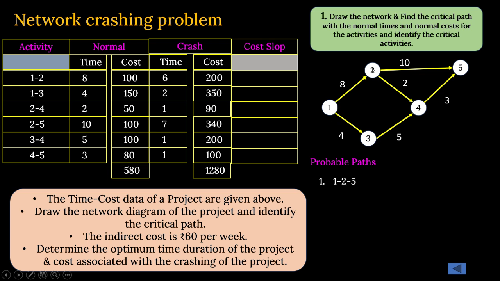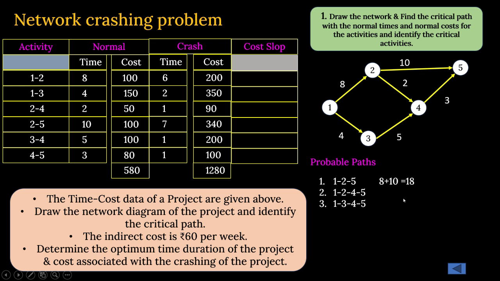So 1 to 2, 2 to 5, as I have mentioned. Similarly, 1 to 2, 2 to 4, and 4 to 5, another path, and finally 1 to 3, 3 to 4, 4 to 5, another path. Now let us calculate the corresponding duration to complete each path. In the first case, 8 plus 10, 18 weeks or 18 days.